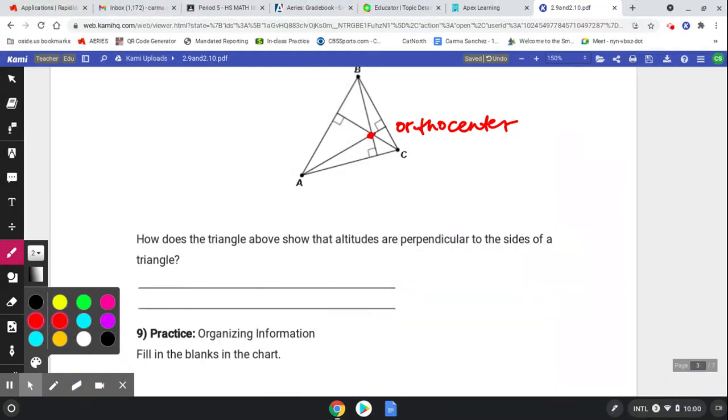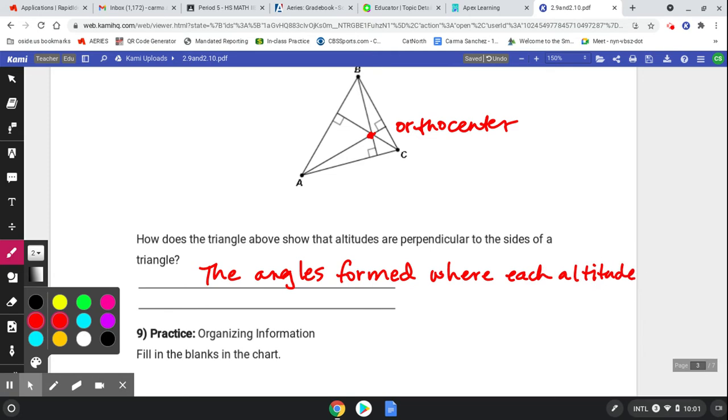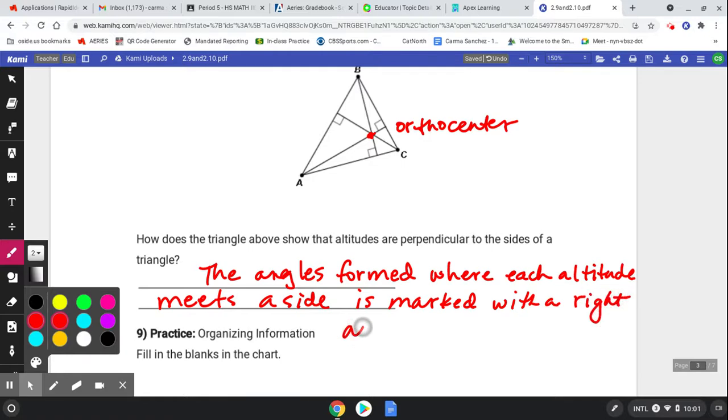And so we could say the angles formed where each altitude meets a side is marked with a right angle symbol.